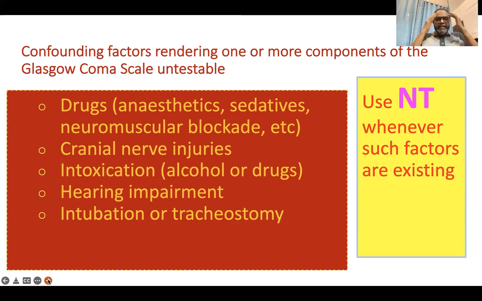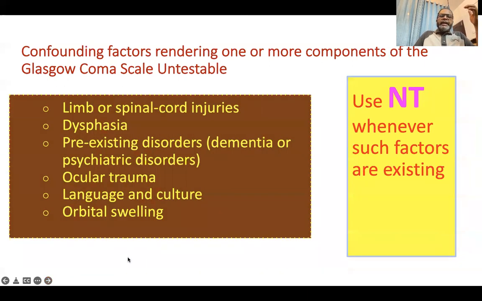Also cranial nerve injury, intoxications like alcohol or drugs, hearing impairment, a patient on an endotracheal tube or tracheostomy tube, limb or spinal cord injury, dysphasia, pre-existing disorders like dementia or psychiatric disorders, ocular trauma, language and cultural issues, and orbital swelling.